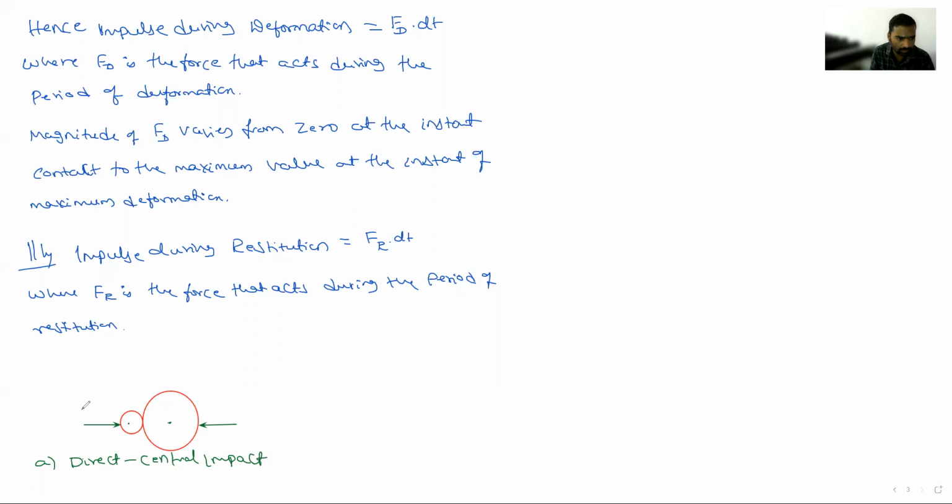This is coming with the velocity u1, and this is coming with the velocity u2. They will contact each other. What is this line called? Line of impact. Then the second one.